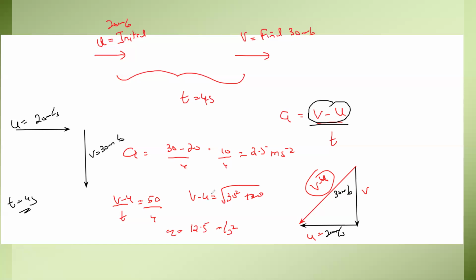Is it clear? If the direction does not change, you just take the magnitudes. But if the direction changes, to work out v minus u you have to follow the vector subtraction rule, and then you simplify. We use the Pythagoras rule here to work out the magnitude of v minus u.